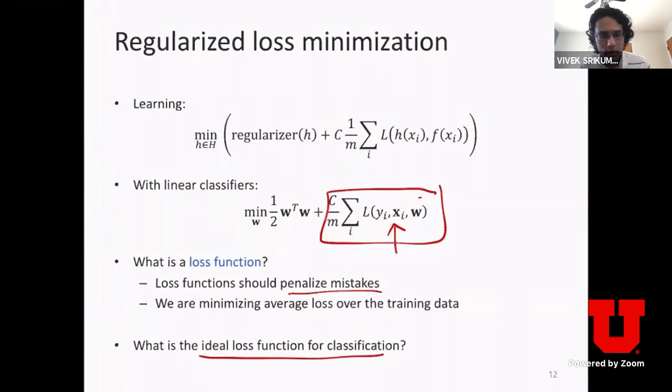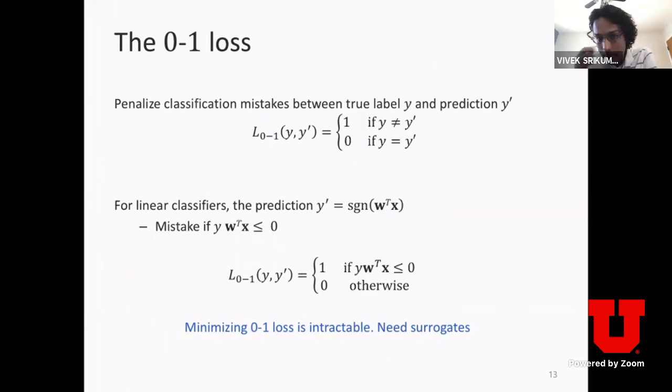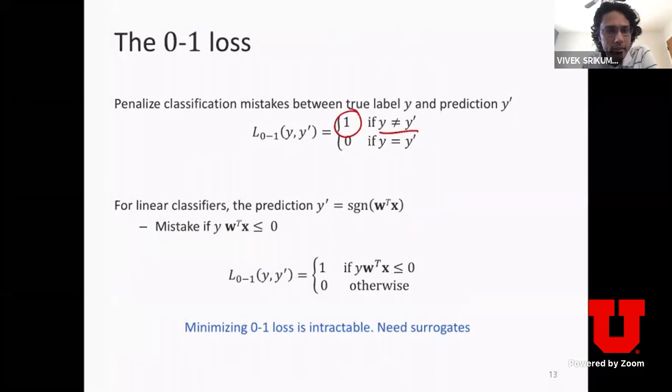So this particular loss function, which in some sense exactly solves the question that we want to address, penalizing the number of mistakes, is called the 0-1 loss. The 0-1 loss for any particular example is defined to be 1 if the prediction and the ground truth are different, and 0 otherwise.